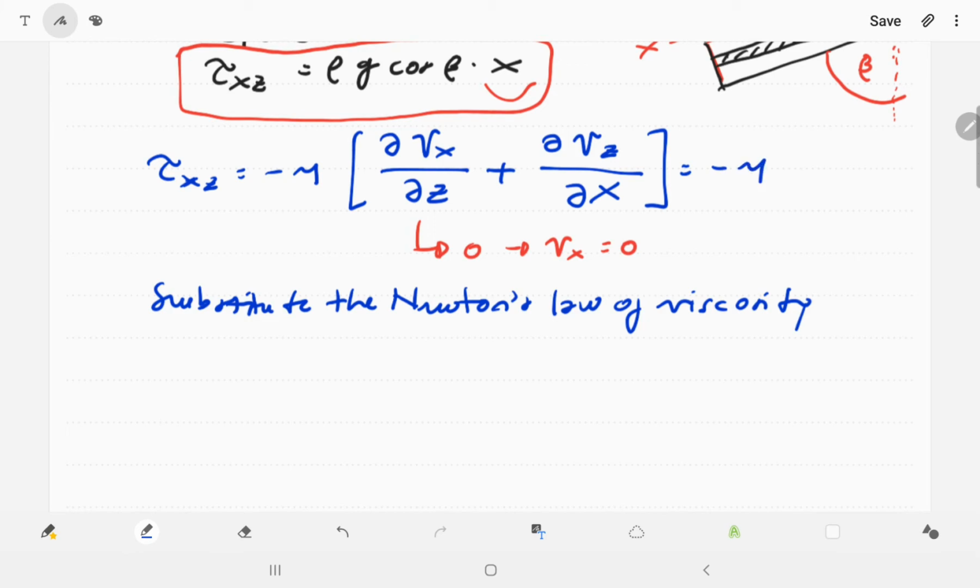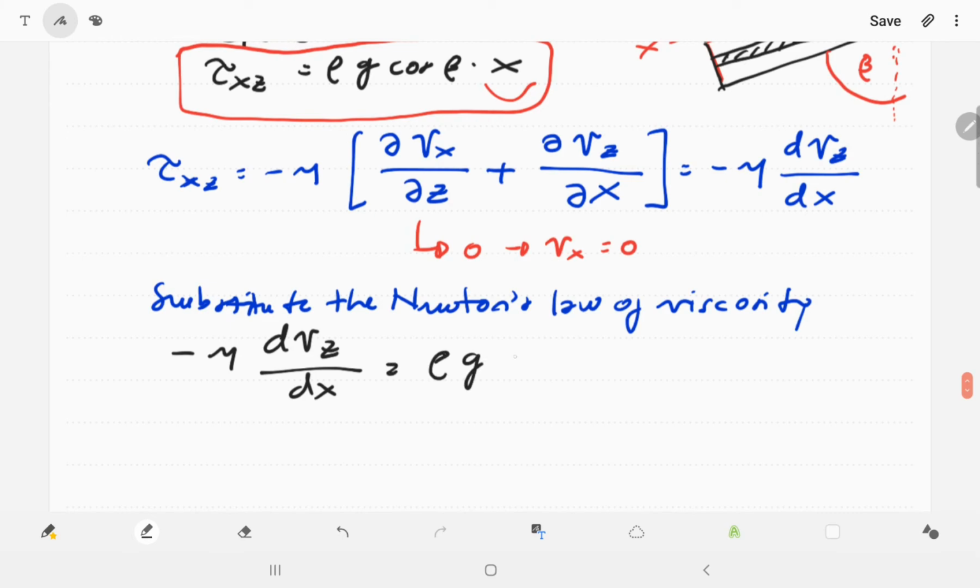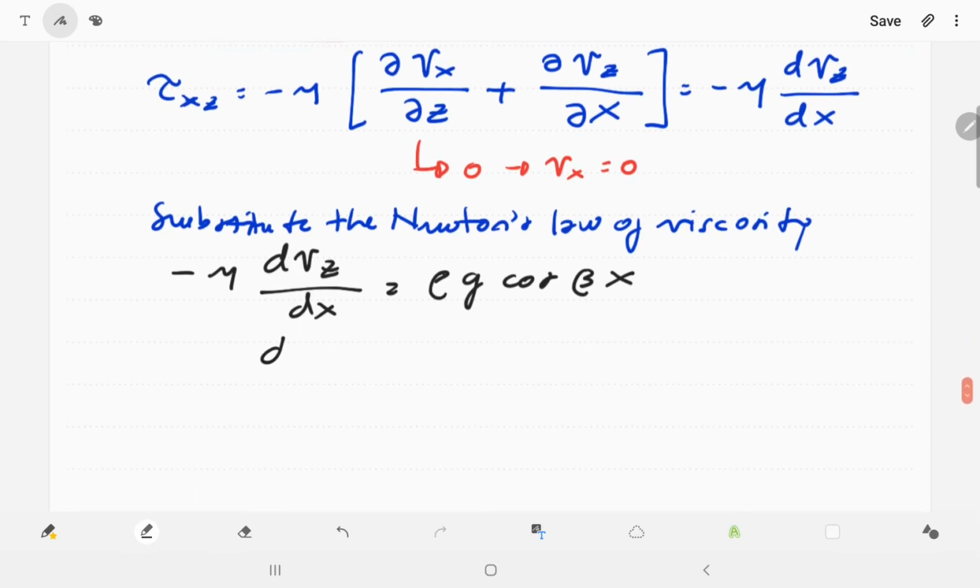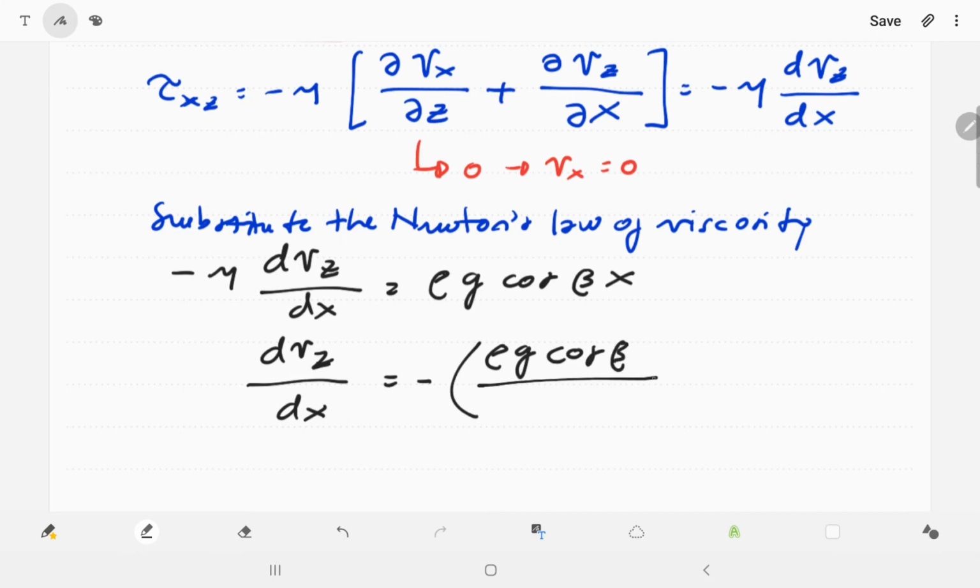Then we substitute Newton's law of viscosity. This basically simplifies to this term in here, del Vz per dx. I'll continue again. Minus mu dVz per dx will be rho g cos beta x, and then this dVz per dx will be equal to minus rho g cos beta divided by mu times x.